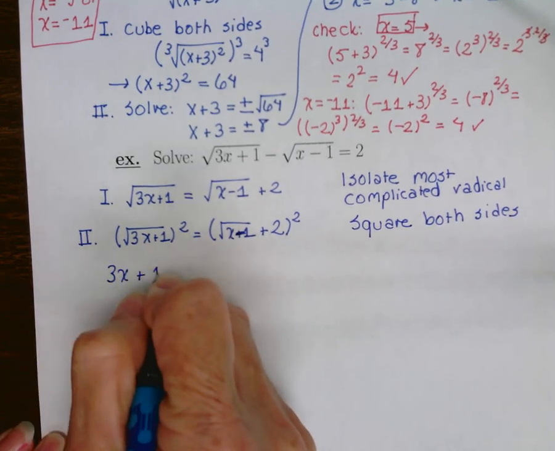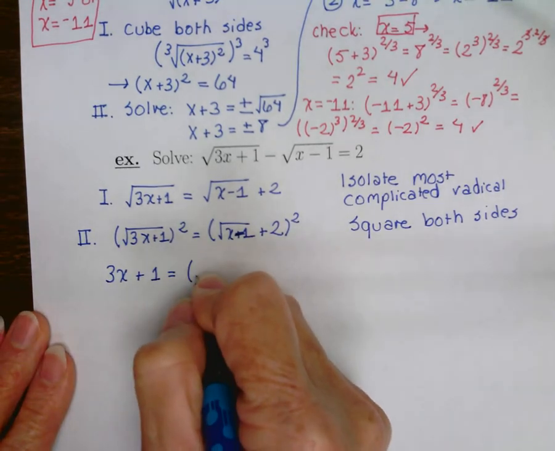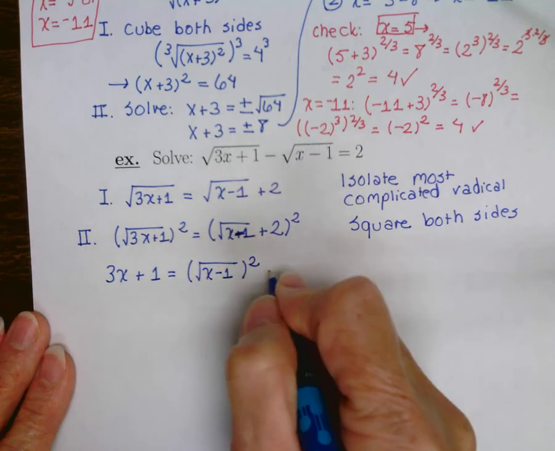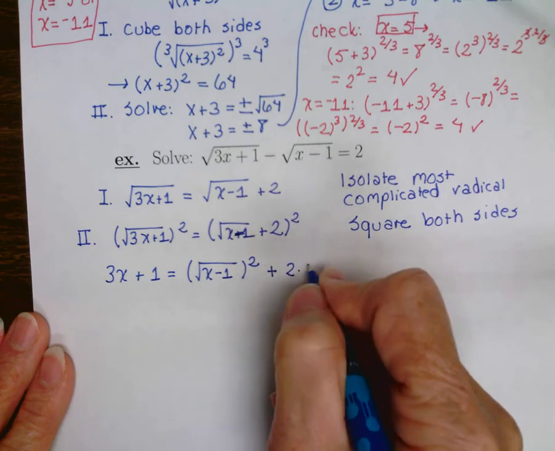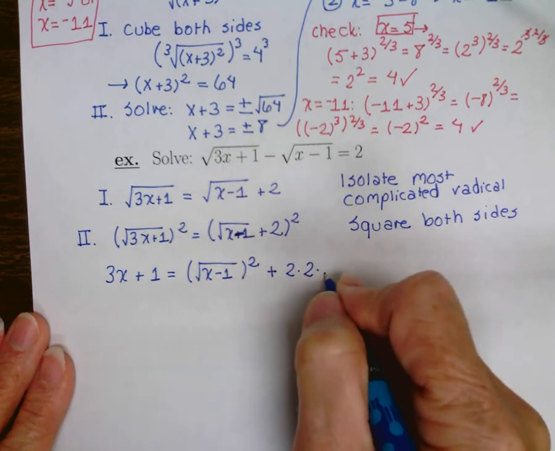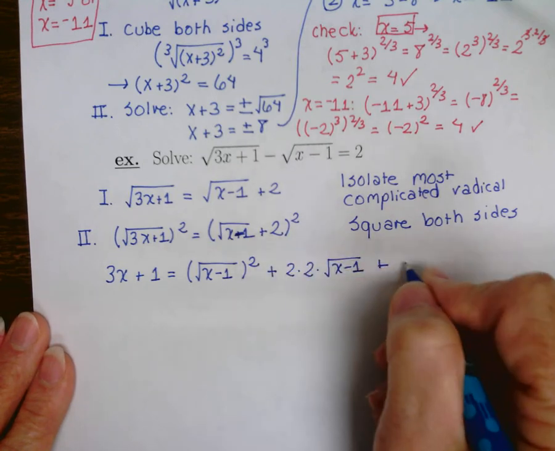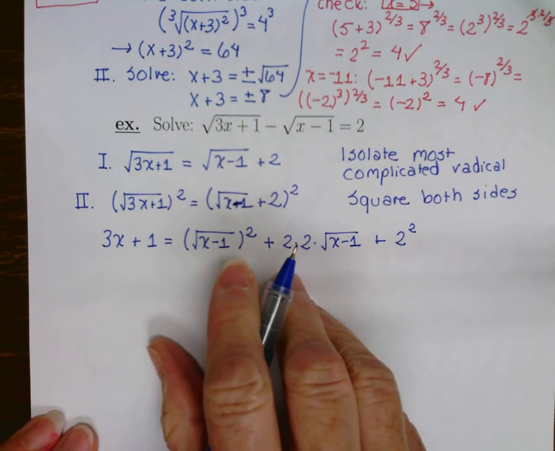We have 3x plus 1. But on the right-hand side, we have to use our special product. So that'll be the square root of x minus 1 squared plus 2 times the product of those terms, plus the second term squared. Okay, you've got to use the special product when you're squaring.